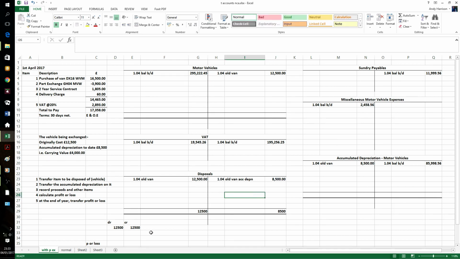But now, instead of cash proceeds, we've got a part exchange. Well, we know which side it went. Appropriate wording, whatever's appropriate. And that's the credit, the debit instead of the bank.